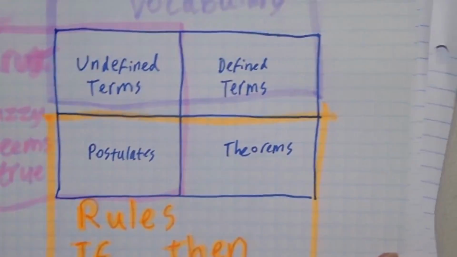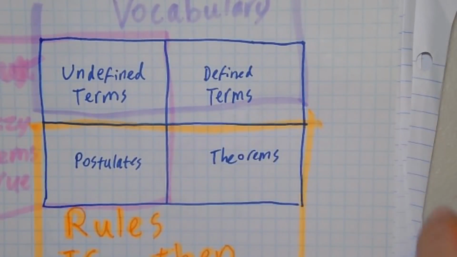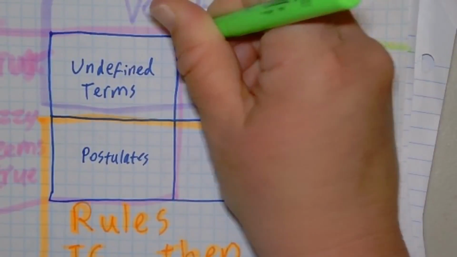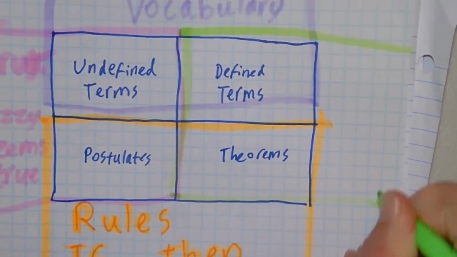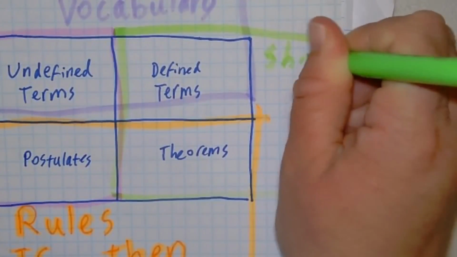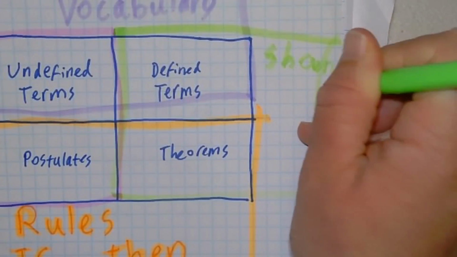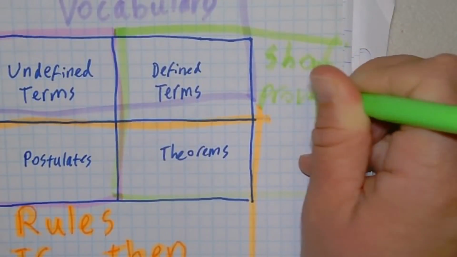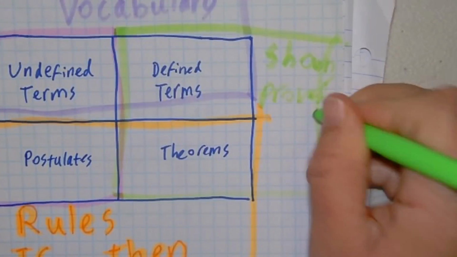And then over here, with the defined terms, we've got the things that we've shown to be true, that we've written out rigorously, that we've done the heavy lifting to trust. So these are the ones that we've shown, proved, locked in.